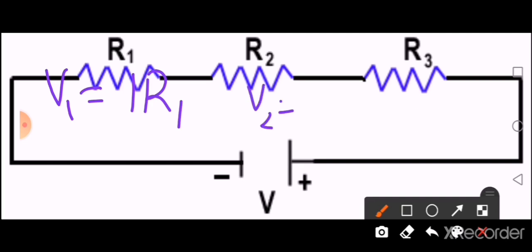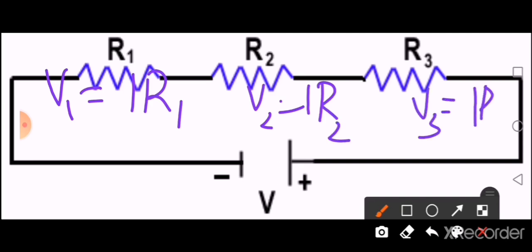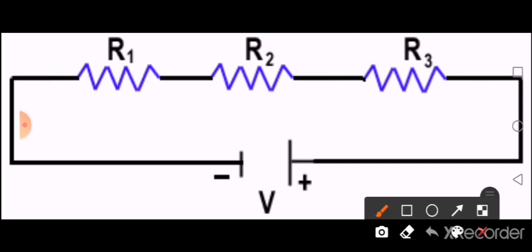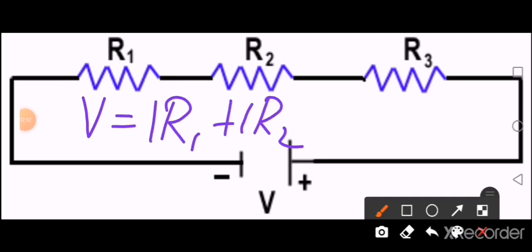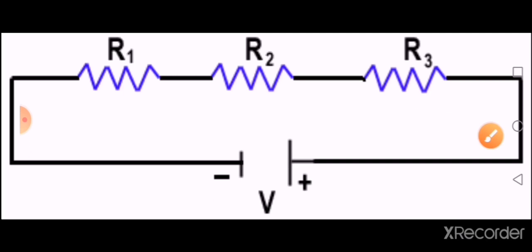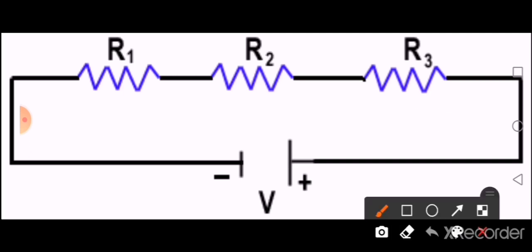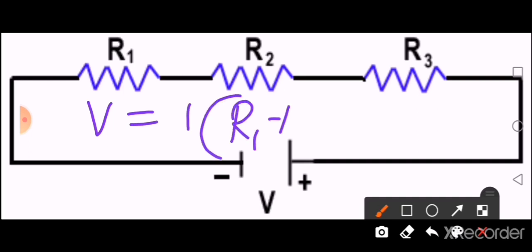V2 is I R2 and V3 is I R3. Then write the total V: V will be equal to I R1 plus I R2 plus I R3. Taking I common, you will get V is equal to I into R1 plus R2 plus R3.